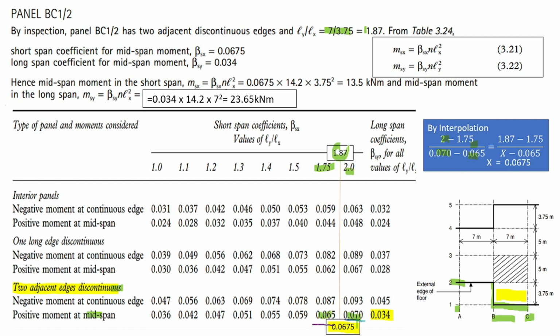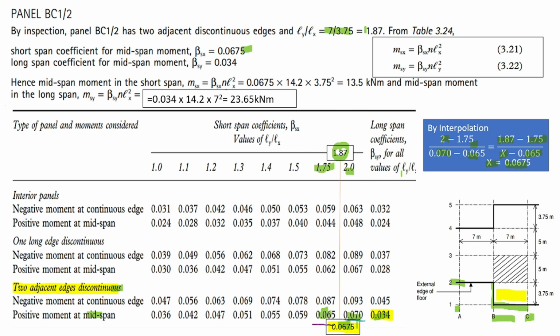Now we would like to know the corresponding value for 1.87. For 1.75, this value we don't know yet, that's why I write here x, and 0.065 is this one. That's how we are going to get the value of 0.0675. In the design, this is 0.0675. 0.034 in the long span is not a problem, because there is no specific ratio for Ly over Lx.